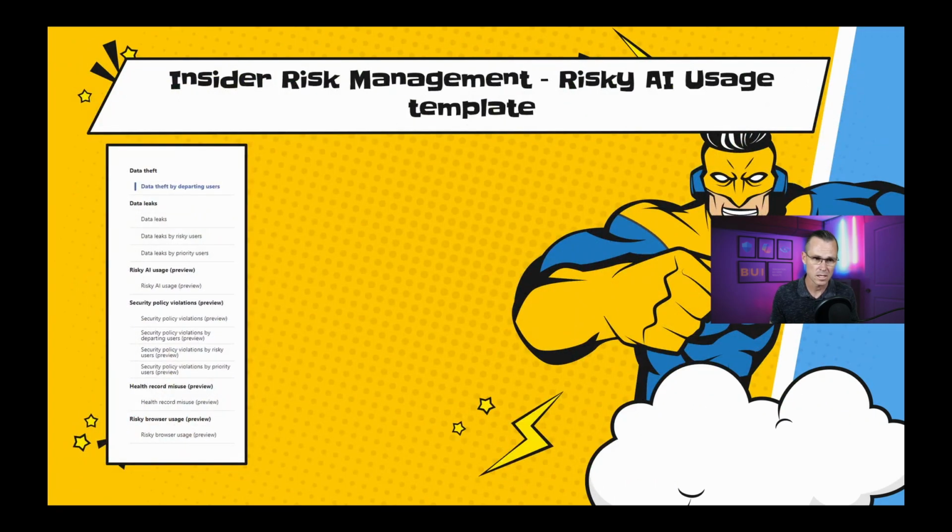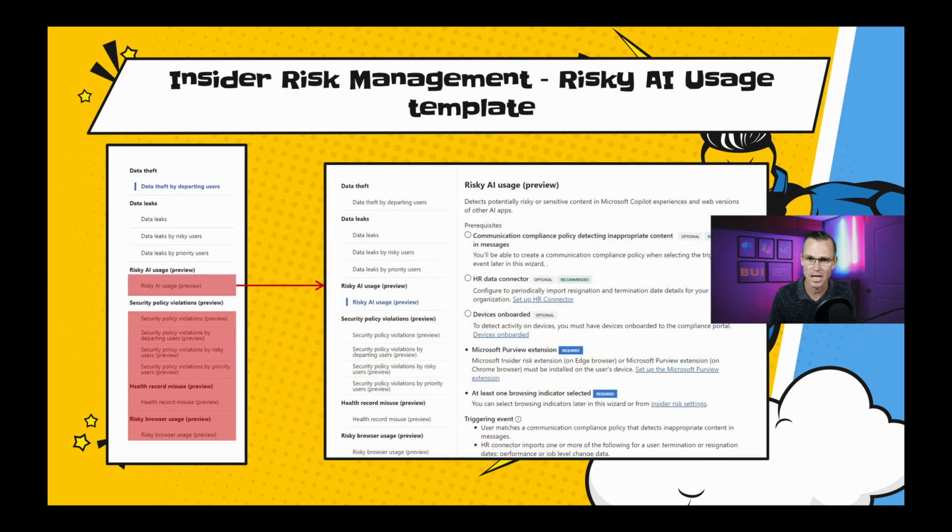And lastly, insider risk management. There've been a few new AI-related templates in insider risk management. I'm showing one there at the left, but there's a new one that Microsoft rolled out at the end of last year called risky AI usage, right? This policy basically detects prompts within AI tools that contain sensitive information or risky intent.